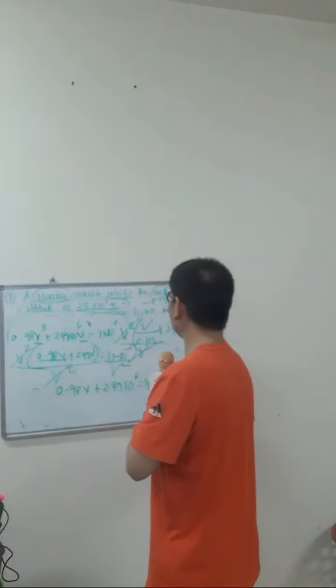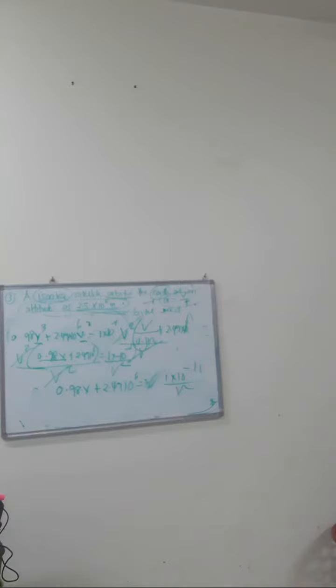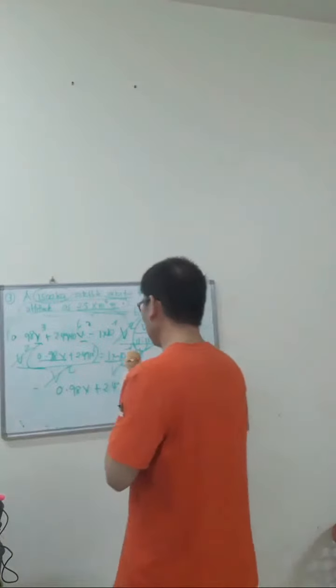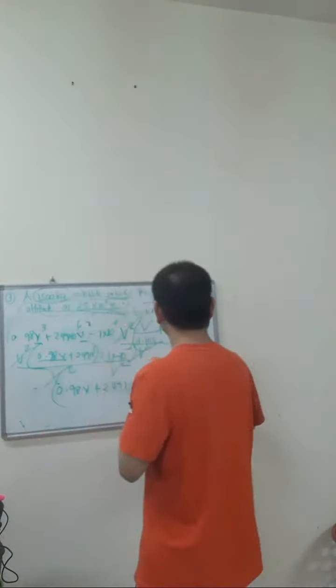This one. The V cancels. Then multiply with V squared, cancel that.